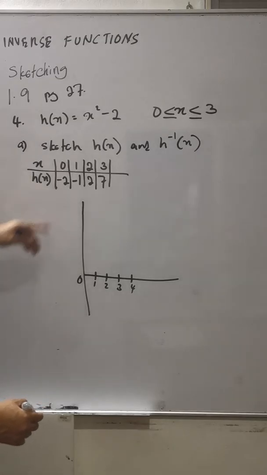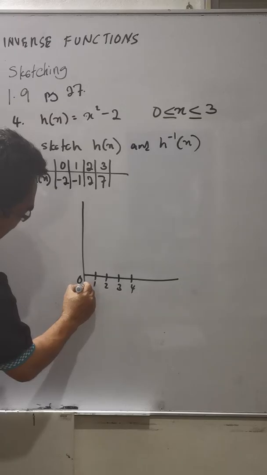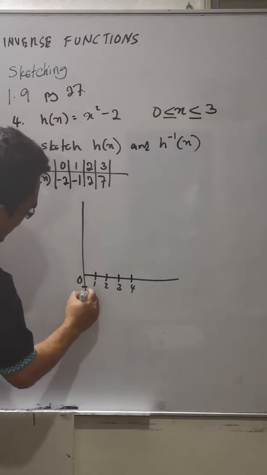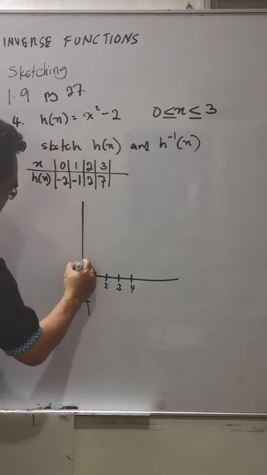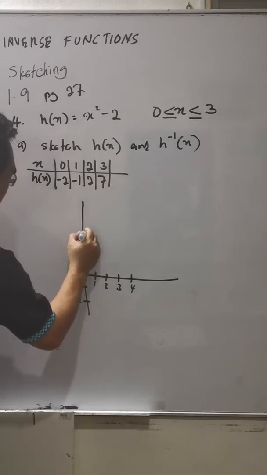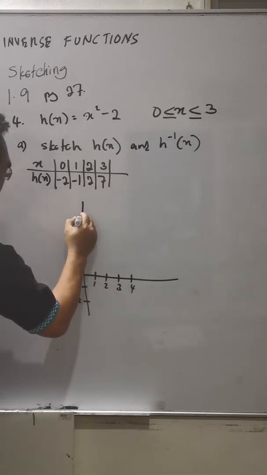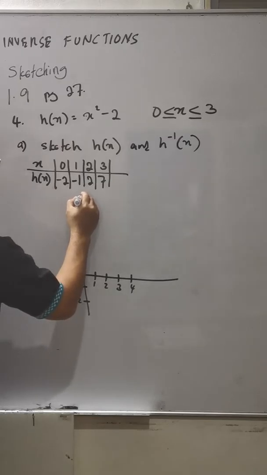And then this one will start from negative 2, so here will be negative 1, negative 2, and we have positive values 1, 2, 3, 4, 5, 6, 7.